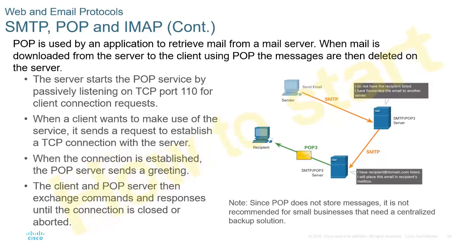For the receiving of email, if you're using POP, POP is only used to go from the server, the recipient server, to the recipient, the delivery email. That is, in this example, using POP3. POP3 will use TCP port 110.